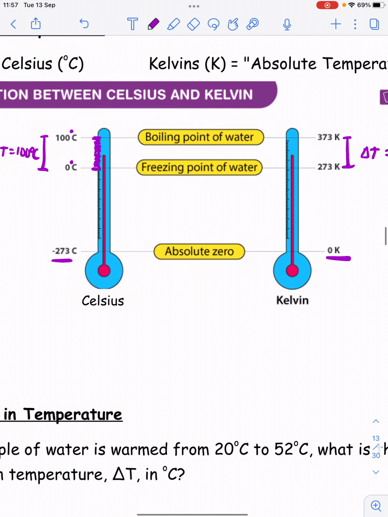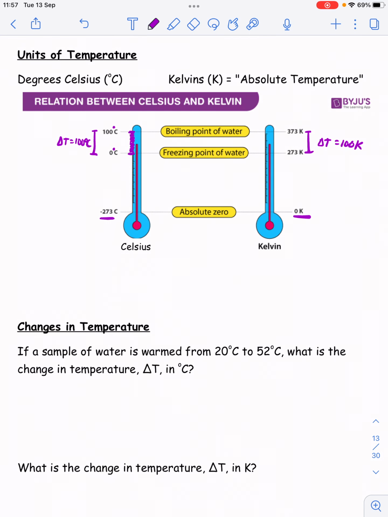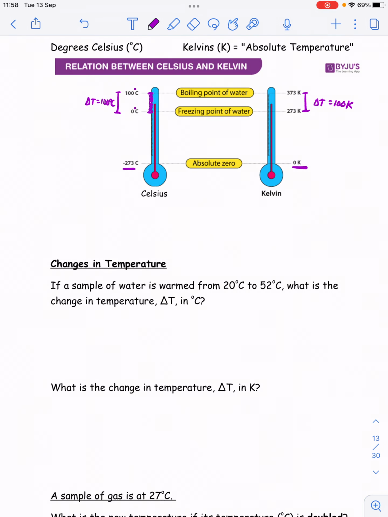And from that point on, every change is the same. 1 degree Celsius is the same as 1 Kelvin. So they're always 273 off from each other. Now, you've noticed already that when we change temperature, it doesn't matter which unit we use, degrees Celsius or Kelvin. A change from 20 up to 52 degrees Celsius is a delta T of 32 Celsius, positive.